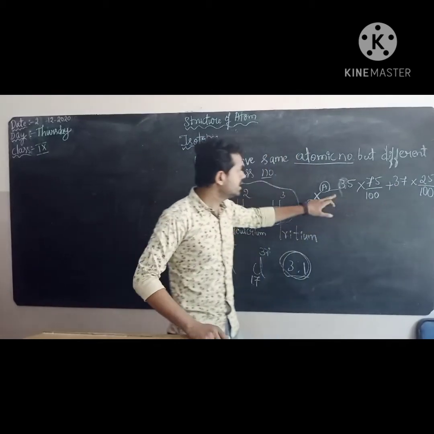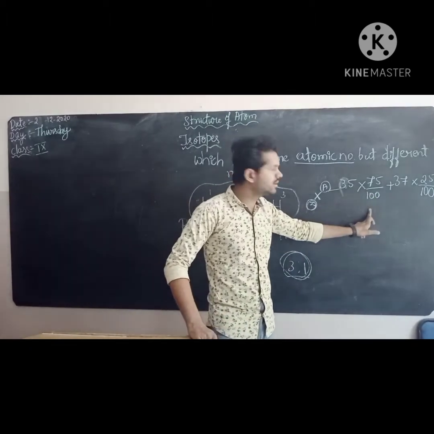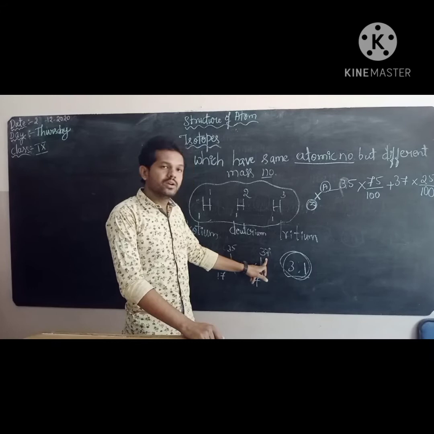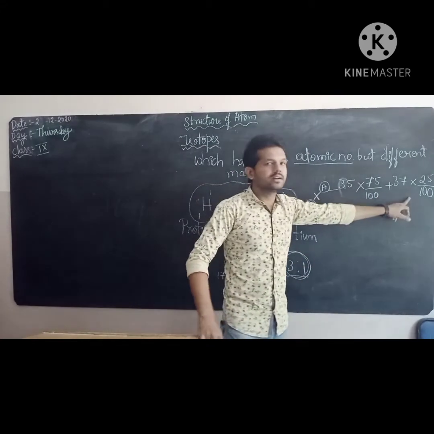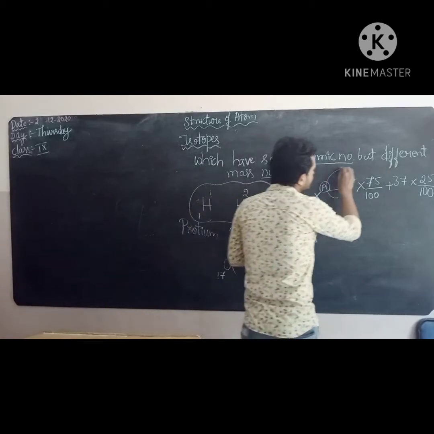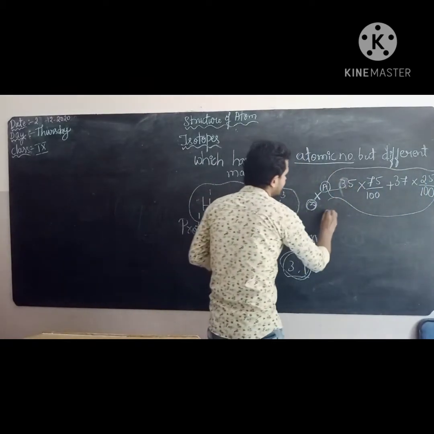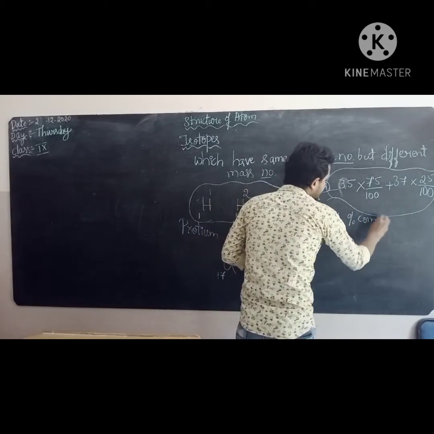I have taken mass number into its ratio divided by 100 plus mass number of another chlorine atom into 25 by 100.